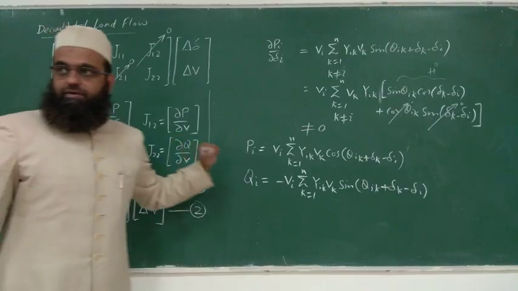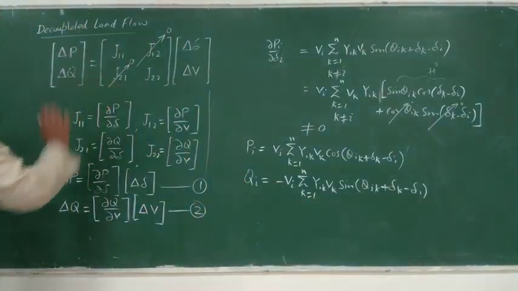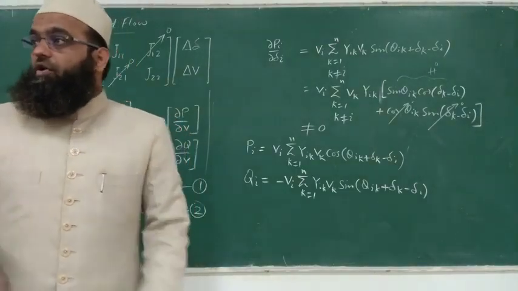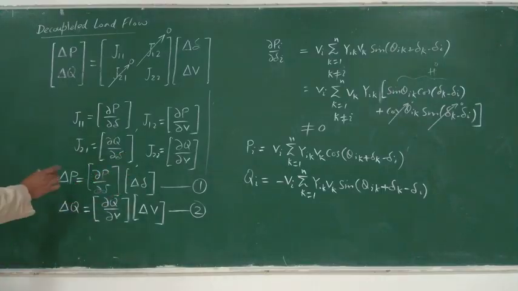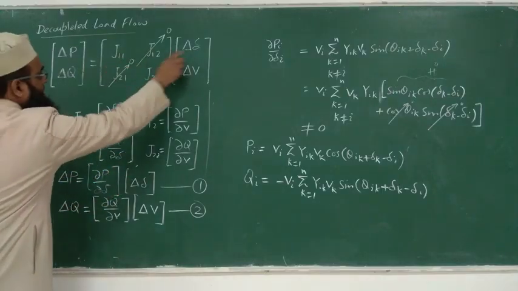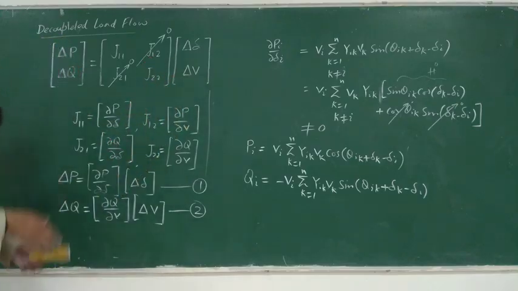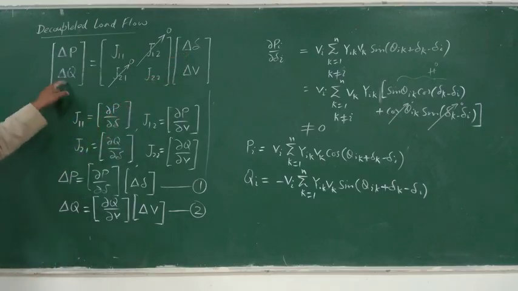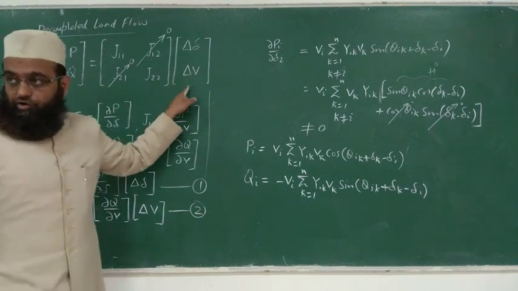Just see for yourself, right? So we have observed that now the Jacobian matrix of the Newton-Raphson method is modified, a simplified one. Now less calculation will be required, is it not? Earlier we were writing ΔP is nothing but J11 Δδ plus J12 ΔV. Now we are writing ΔP is nothing but J11 Δδ. ΔQ, earlier in the Newton-Raphson method of load flow we wrote J21 Δδ plus J22 ΔV.